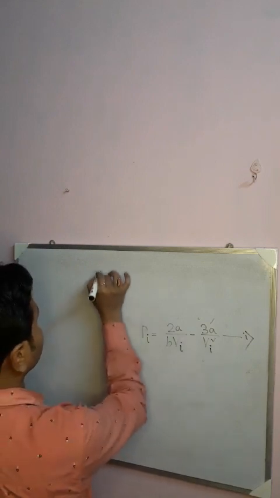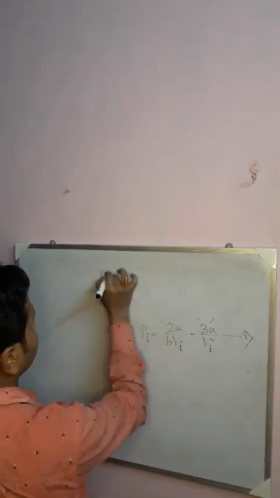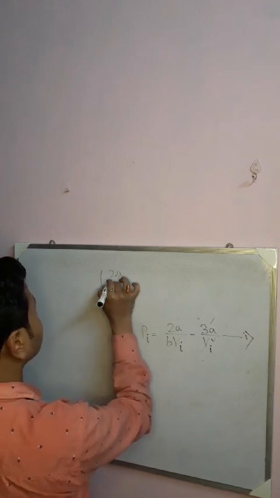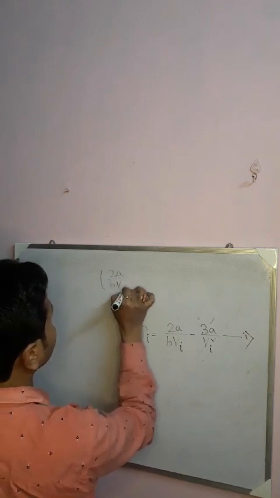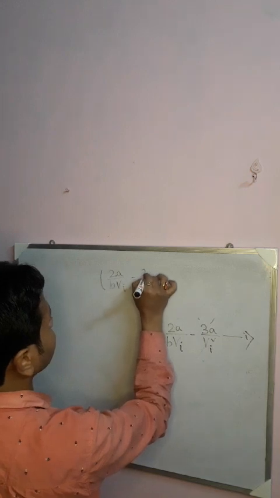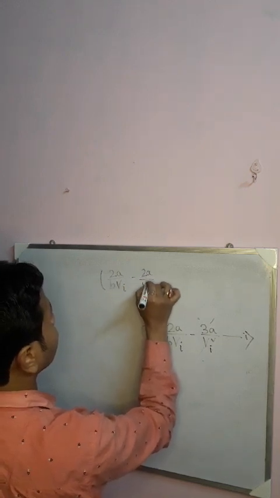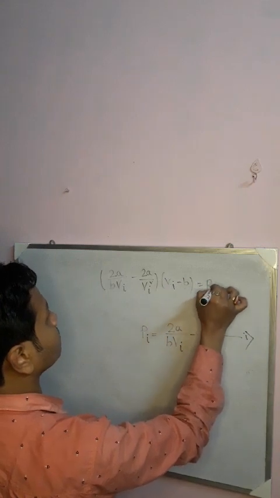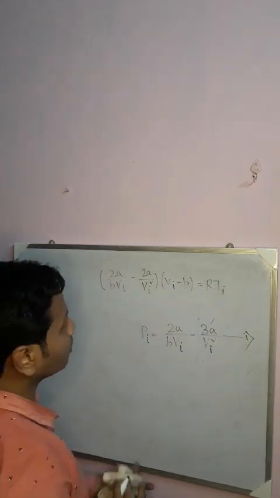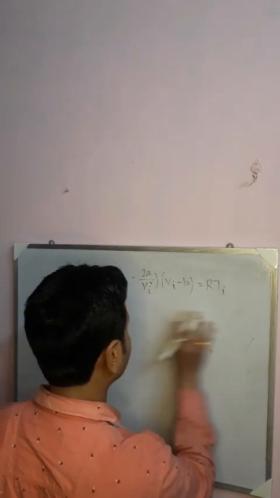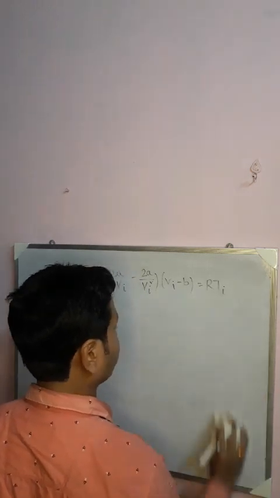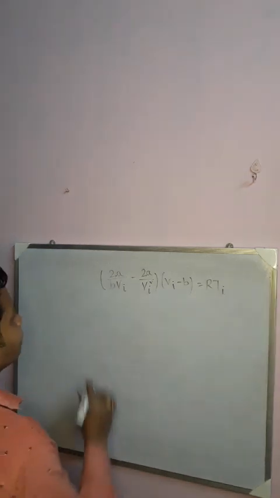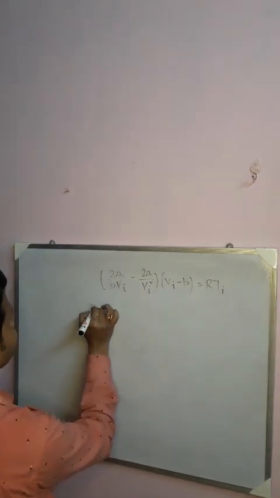P plus a by V square, that means 2a by b Vi minus 2a by Vi square, into Vi minus b, equals R Ti.